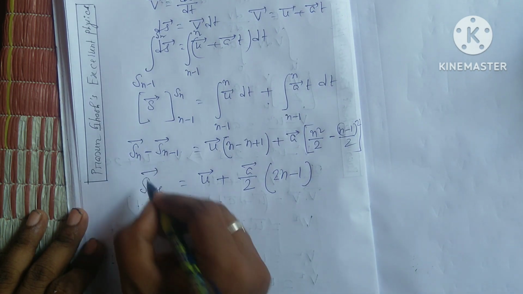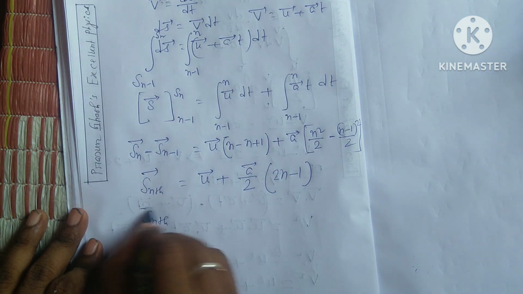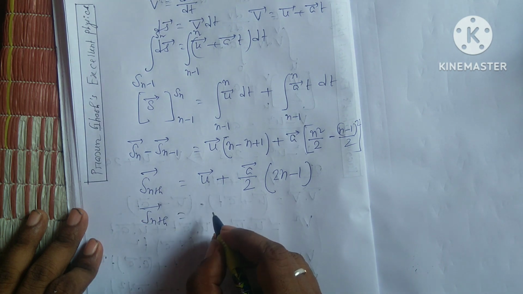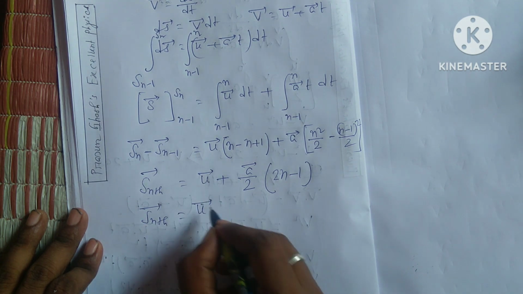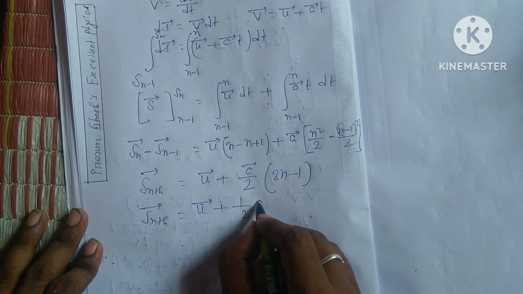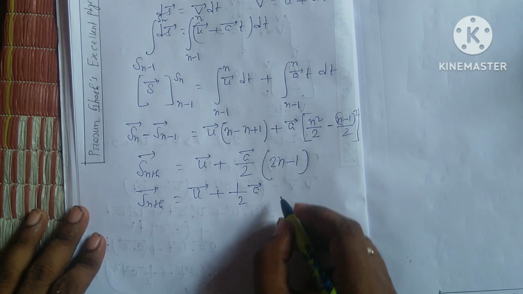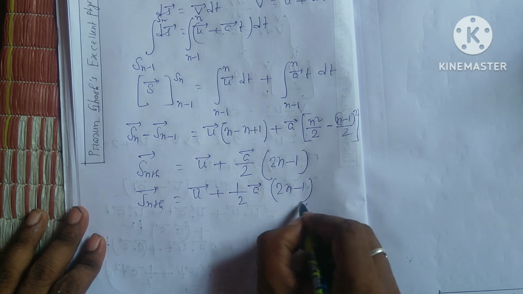So s nth equals u plus half a times 2n minus 1.